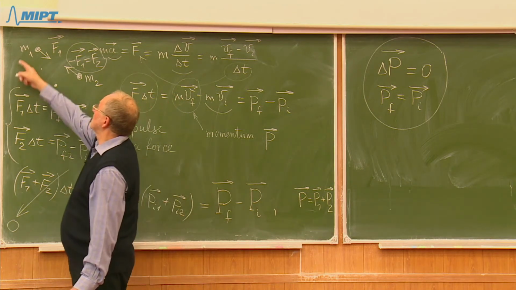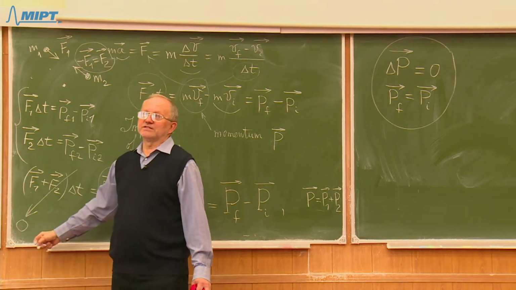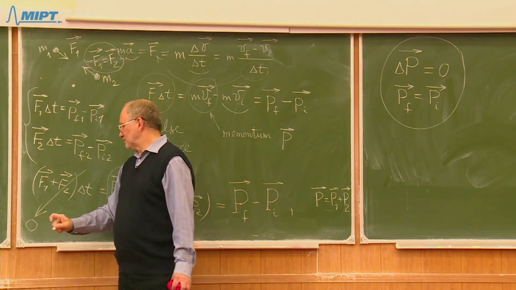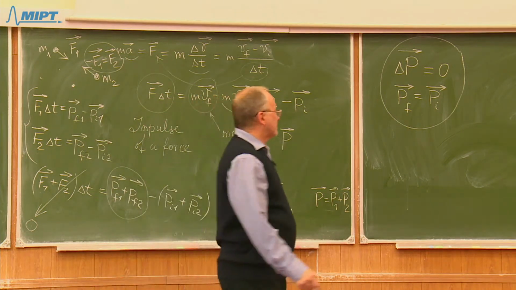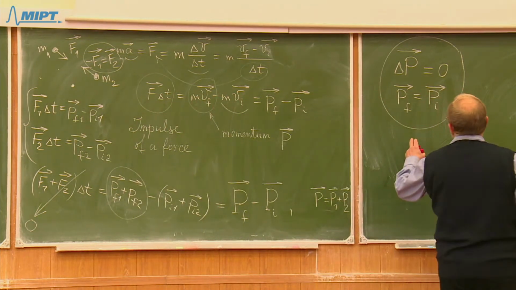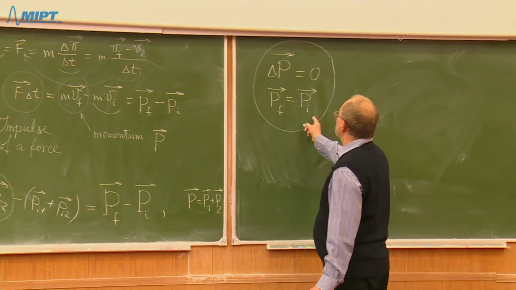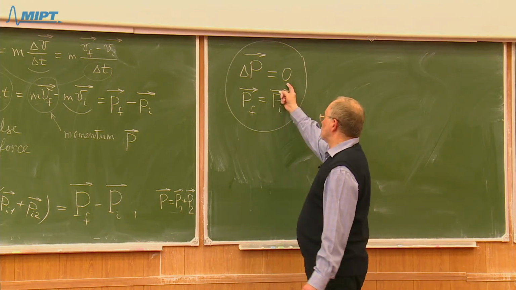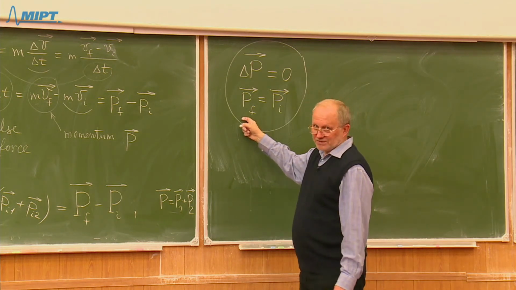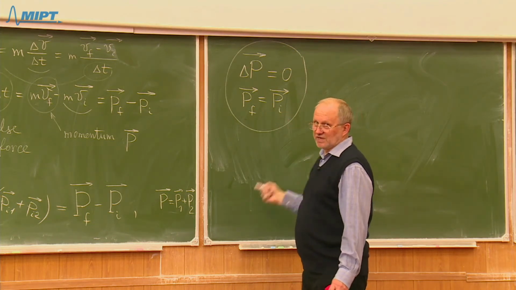And so when you find the vector sum of all the forces, you will, in the same way, obtain 0 due to the third Newton's law, even if we have many particles. And so the same relationship will be true for momentum. The change of momentum of the system of particles will be 0, or the final momentum of the system of particles will be equal to the initial momentum. The momentum does not change.